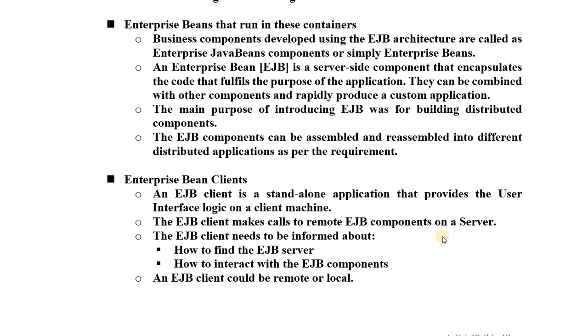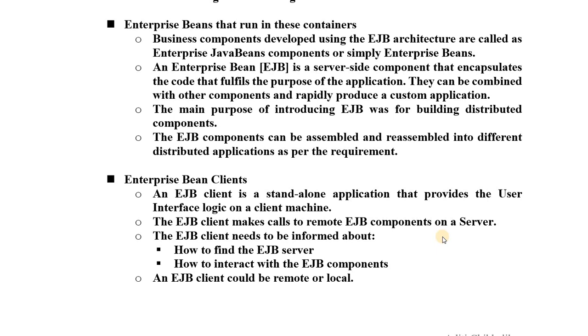You have to understand that an enterprise bean is a server-side component that encapsulates the code that has the business logic. You can either write the words business logic or you can write it fulfills the purpose of the application. The purpose of the application is nothing but your business logic. Now they can be used with other components also to rapidly produce a custom application.